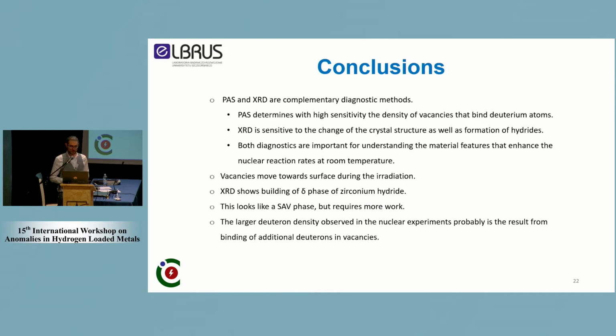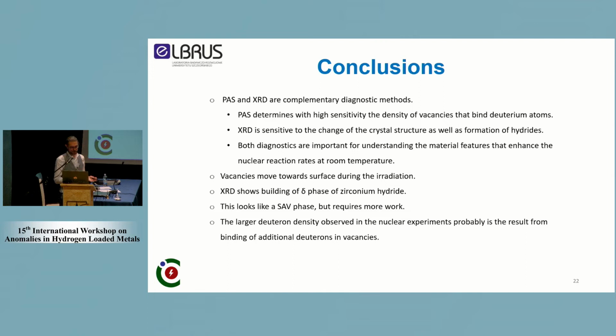So we've seen that, of course, SEM, but XRD and positron annihilation spectroscopy are very useful and complementary diagnostic methods. Sorry. PAS has a high sensitivity to the density of vacancies that bind to deuteron atoms, and XRD is sensitive to the change of crystal structure as well as the formation of the hydride. It's very classical XRD, but it's very complementary in our case.